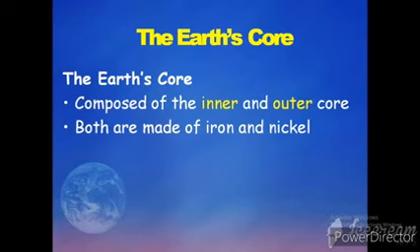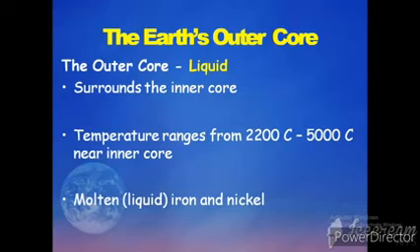Now, what is the core of the earth? The earth's core is composed of the inner and the outer core, and both of them are comprised of iron and nickel. What are the basic characteristics of the outer core? The outer core is in its liquid state and it surrounds the inner core.